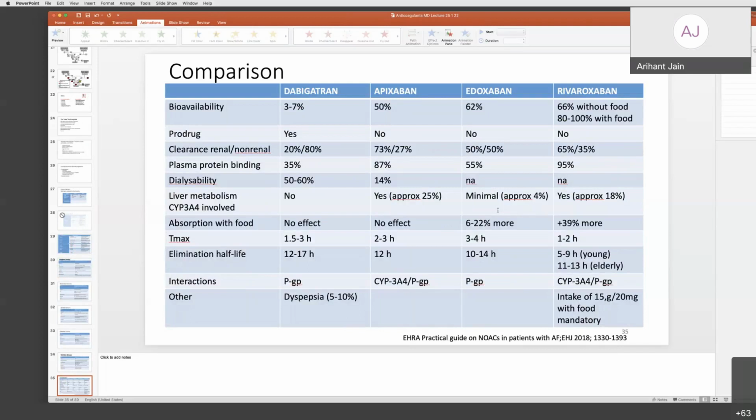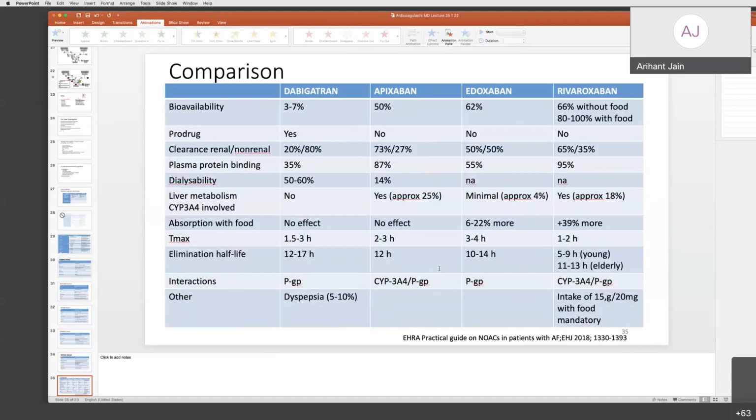Now what we need to remember is their elimination half-life. It's 12 to 14 hours for Dabigatran, apixaban, and edoxaban, and around 5 to 9 hours for rivaroxaban, 11 to 13 hours in elderly.